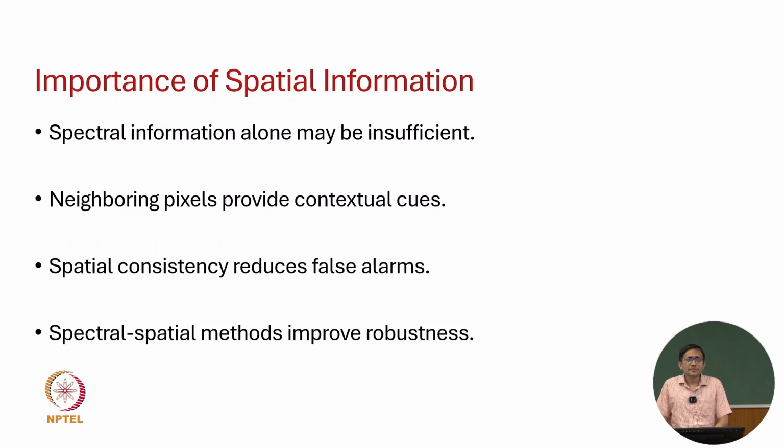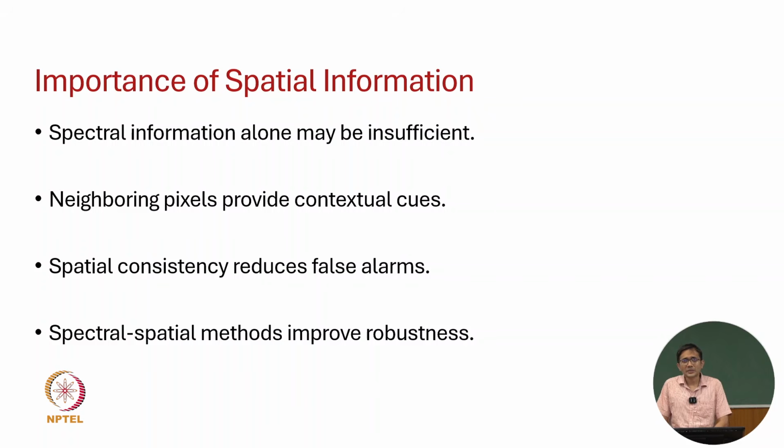So let us discuss briefly the importance of spatial information. Spectral information alone may not be sufficient for hyperspectral anomaly detection. The neighboring pixels provide contextual cues. Spatial consistency helps us to reduce false alarms.